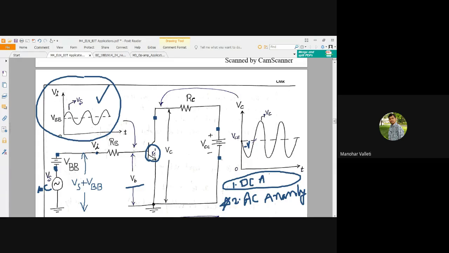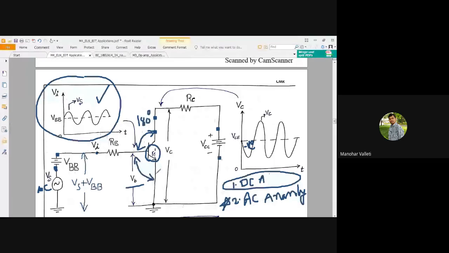To understand this, if you apply input at the base and take the output at the collector, there will always be a 180 degree phase difference between base and collector.